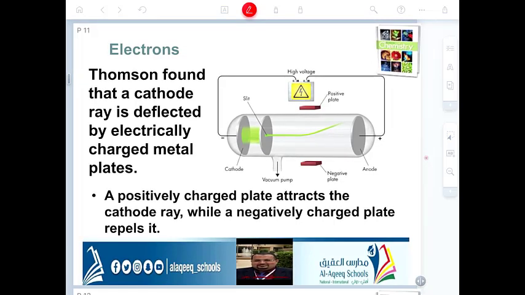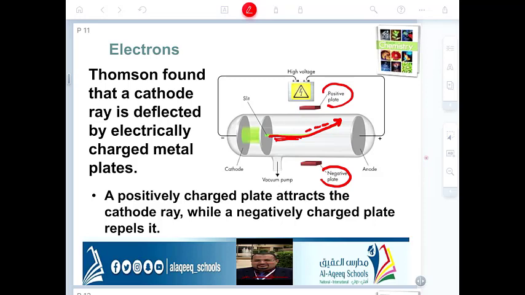Thomson found that these rays, this beam of cathode rays, are deflected by electricity. How come? He put a positive plate here and a negative plate here and allowed this beam to move. It didn't move in a straight line as in the previous step, but it moved toward the positive plate. It means it's negative, because it moves toward the positive.